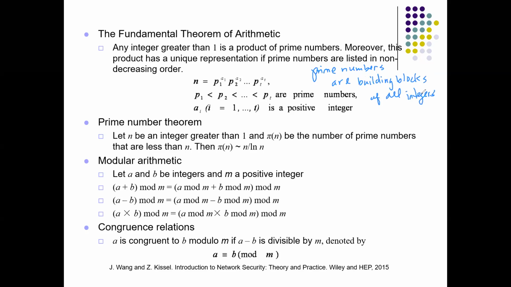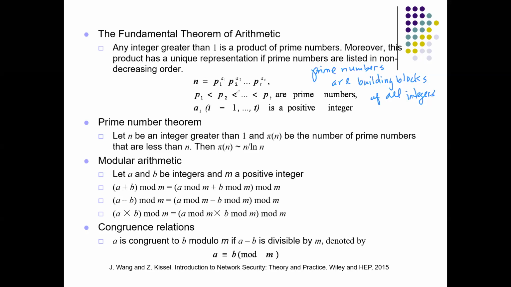In particular, this is done by you keep dividing. So for any integer, you can just find its factors, and of course, the factors will be some power of prime numbers. So this theorem just says that any integer can be written as a product of prime numbers.